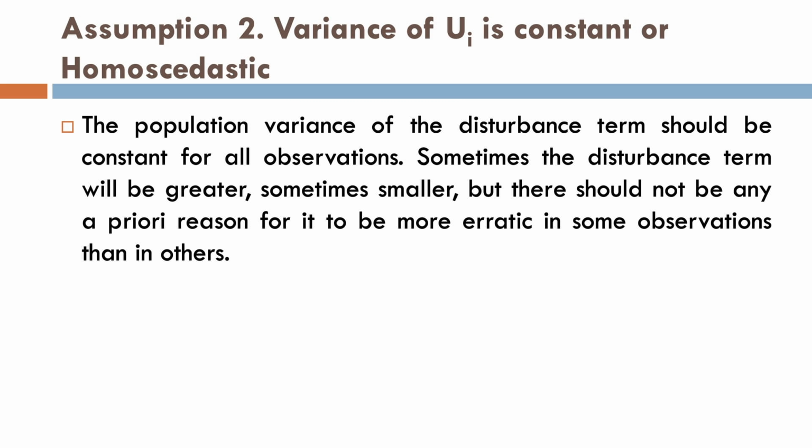Assumption 2, variance of u_i is constant, or homoscedastic. The population variance of the disturbance term should be constant for all observations. Sometimes the disturbance terms will be greater, sometimes the variance in the disturbance terms may be smaller, but there should not be any a priori reason for it to be more erratic in some observations than in others.